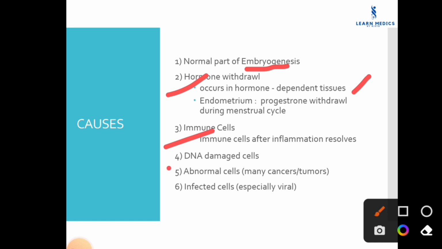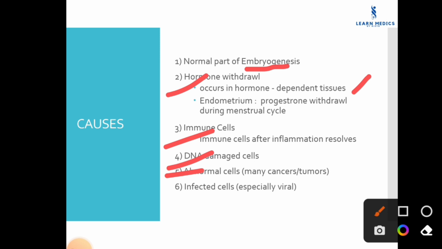Second, DNA damaged cells should undergo apoptosis and die in an orderly manner. There is another type, abnormal cells. Any mutation that occurs in a cell can lead to tumors and cancers, so the cells need to go the apoptotic way if any mutation occurs.